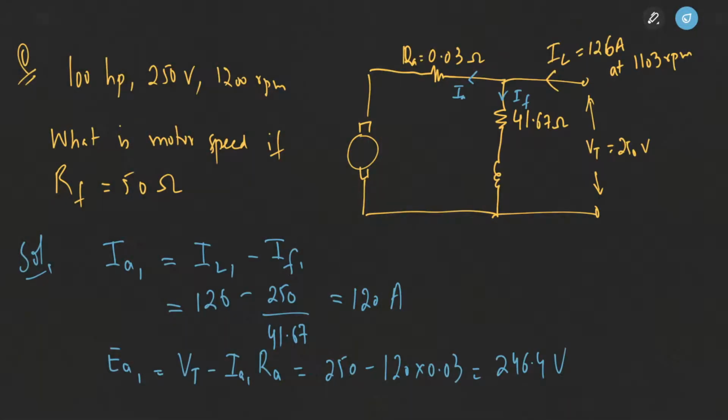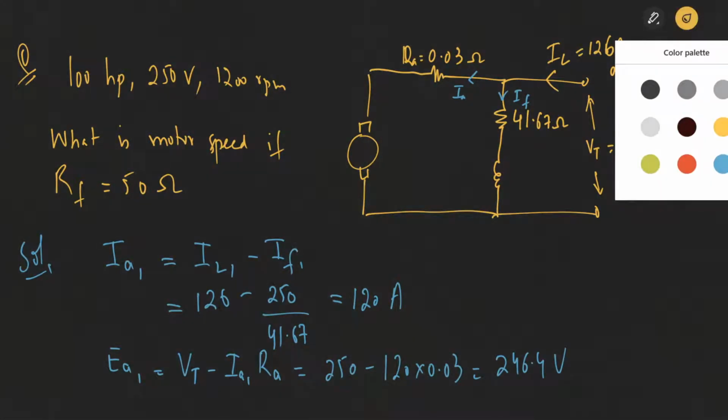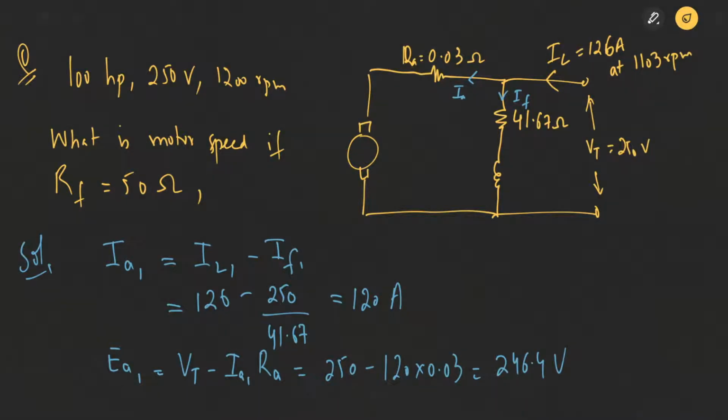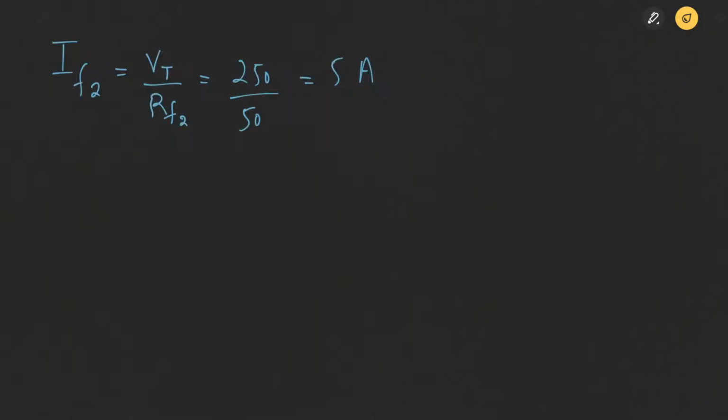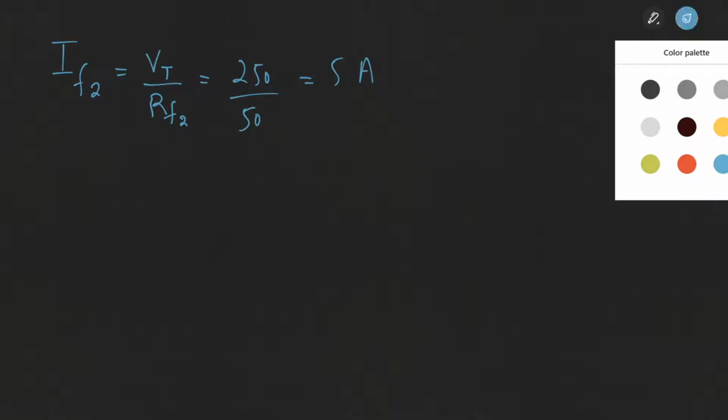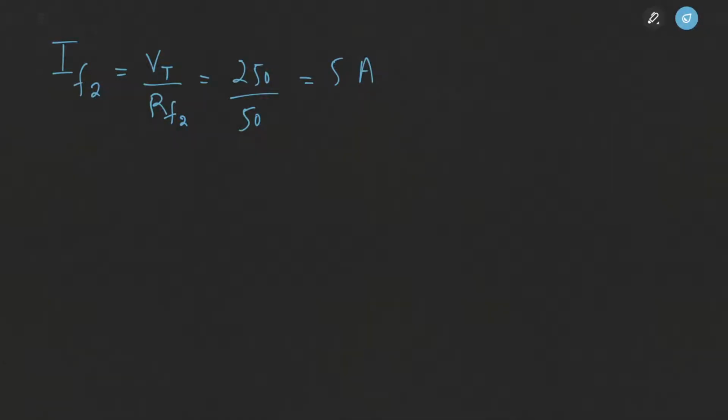There's one more thing in the question. What is the motor speed if RF is equal to 50 ohms and the armature current is constant? We are not actually bothered about IA2. IA2 is constant, it will be equal to IA1.